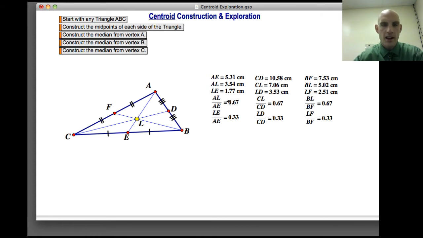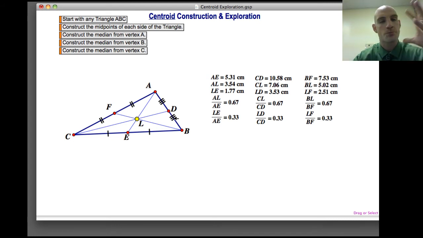And then I made some equations down here. I've got AL over AE, so it's the top part from the vertex over the whole thing. Same thing for CL over CD and BL over BF. That's my first line.